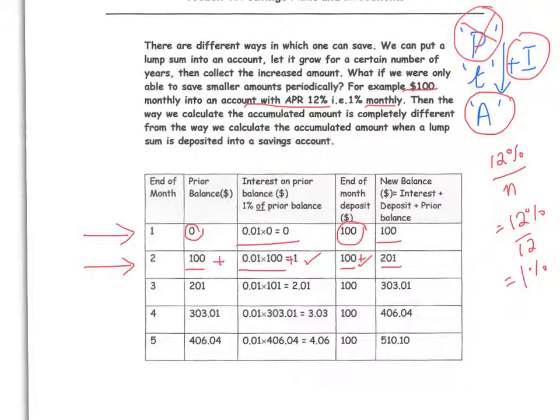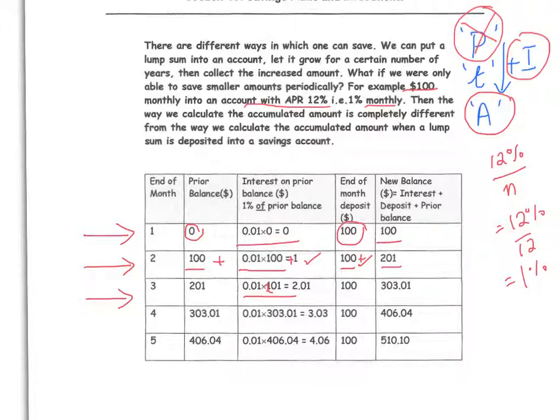Now let's see the amount of money at the end of the third month. So at the beginning of the month, we have $201. By the time we come to the end of the month, we calculate interest on what we have in the account at that point of time, which is $201. So 1% of $201 is 0.01 times 201, which is 2.01.